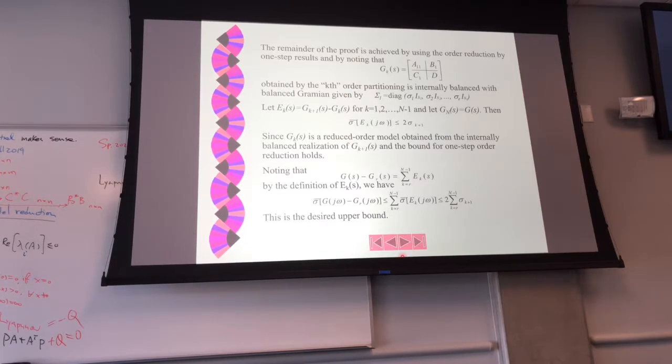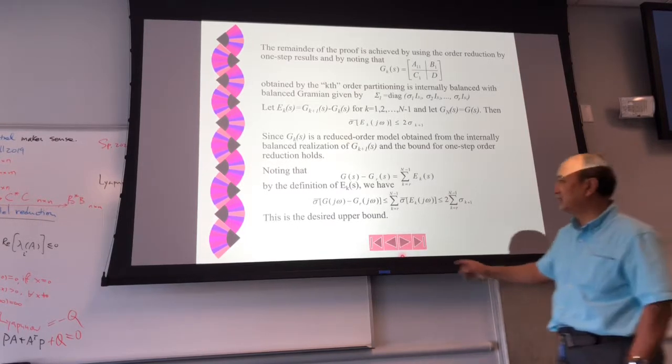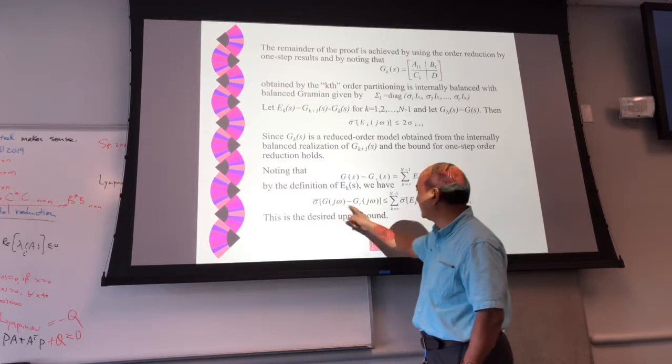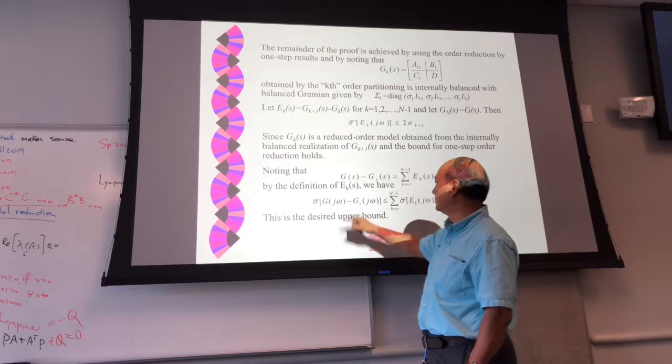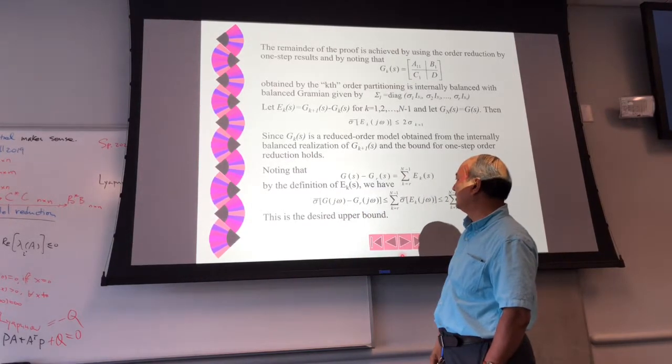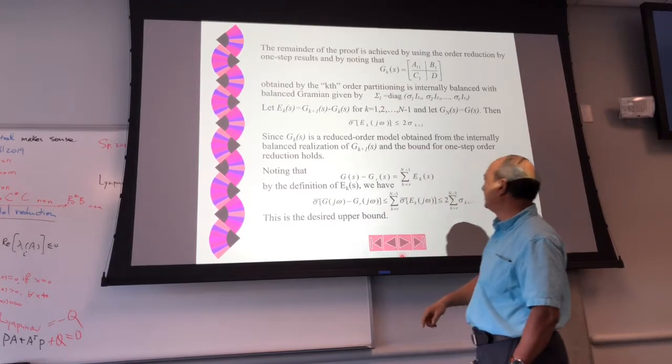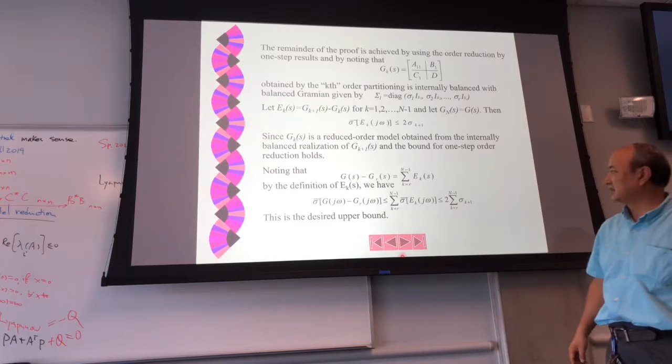So at the end of the day, we are basically trying to check the difference of the maximum singular value of this omega, and for all omega it will be like this.